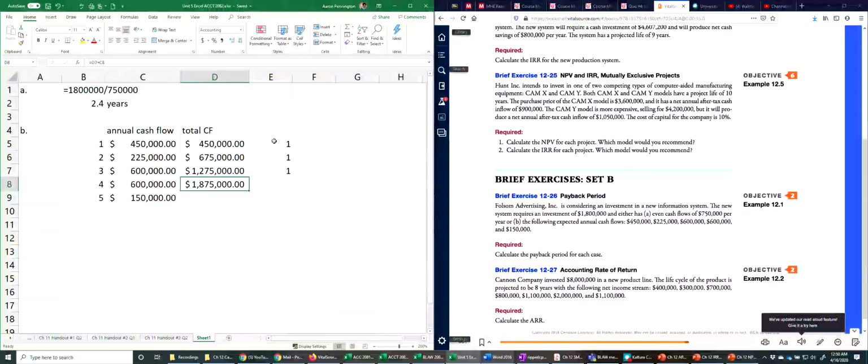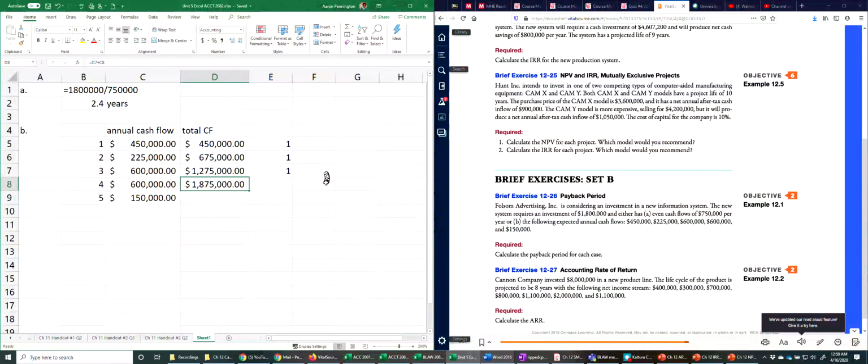All right. Now, if we assume that the cash is received evenly during the year, and you do have to do that for this problem, we can figure out what fraction of the year it takes to pay back.